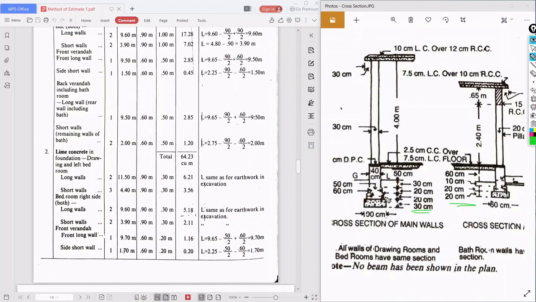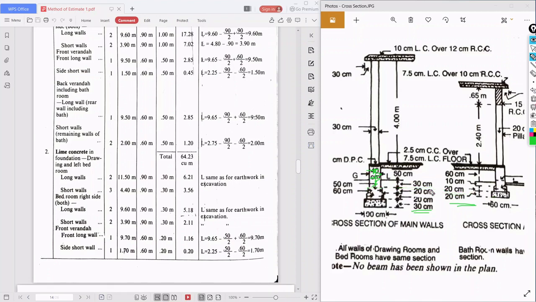Then after the lime concrete, what is there here? First footing is there. Next, second footing is there. Next, plinth wall is there. Up to here it is full plinth. So up to here it is second footing.